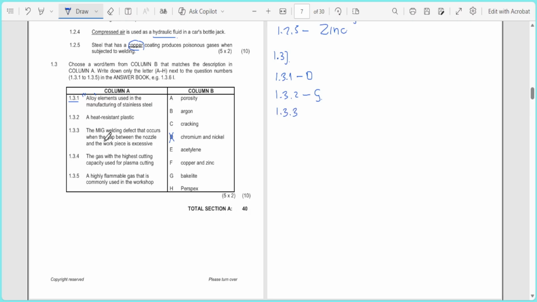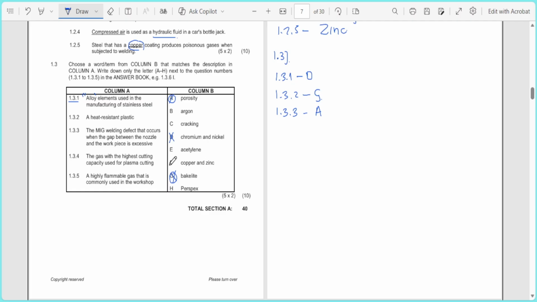1.3.3, the MIG welding defect that occurs when the gap between the nozzle and the workpiece is excessive. The answer should be A, porosity. G is also out. How can I justify this?